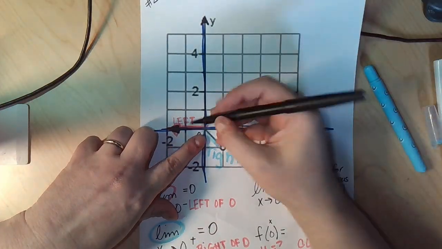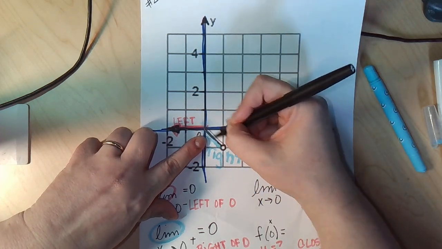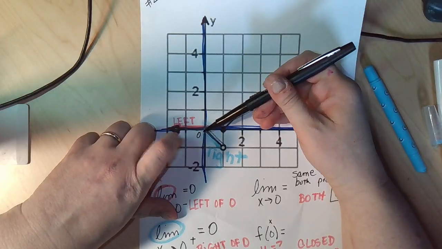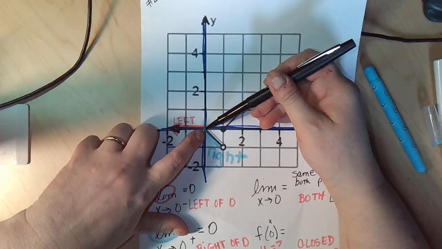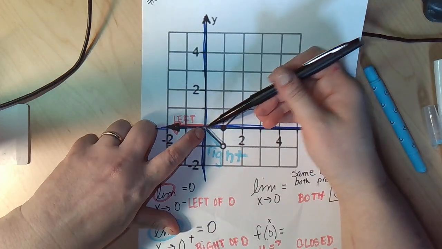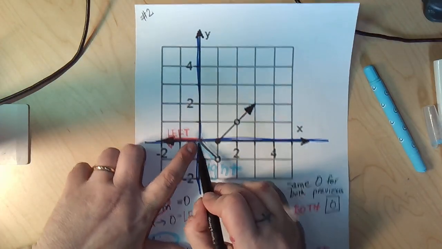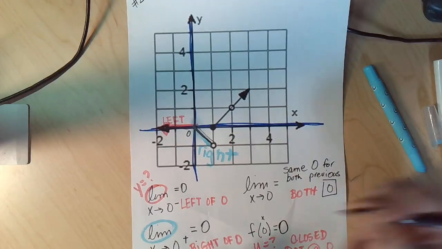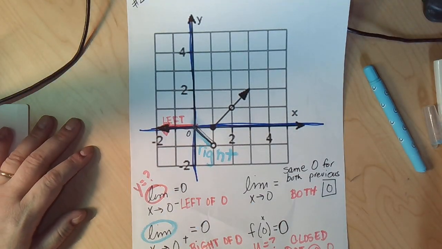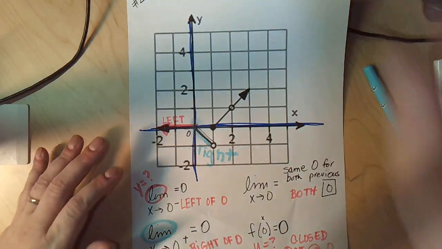I just see this janky looking weird curve. Okay, and the y value when x is 0, if you can't see a closed dot, if you can't see an open dot, you assume it's closed and you write down that y value. Well, the y value here is 0. Yes.